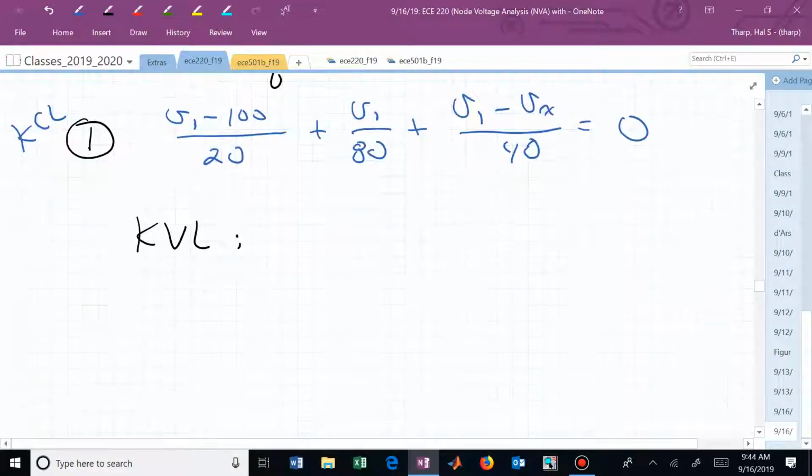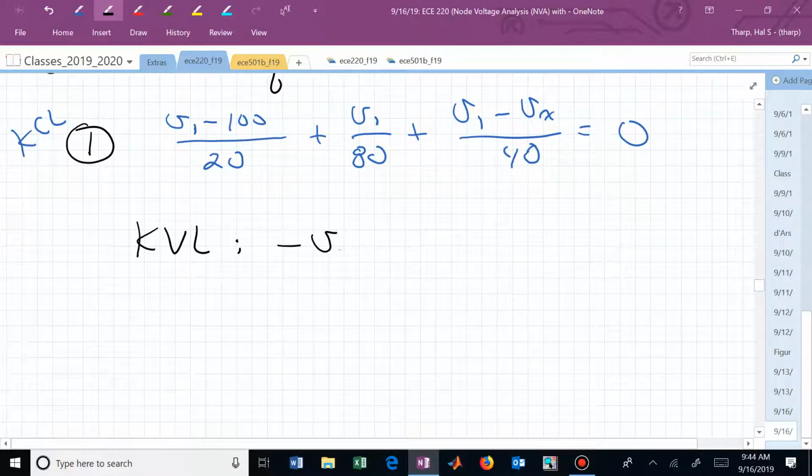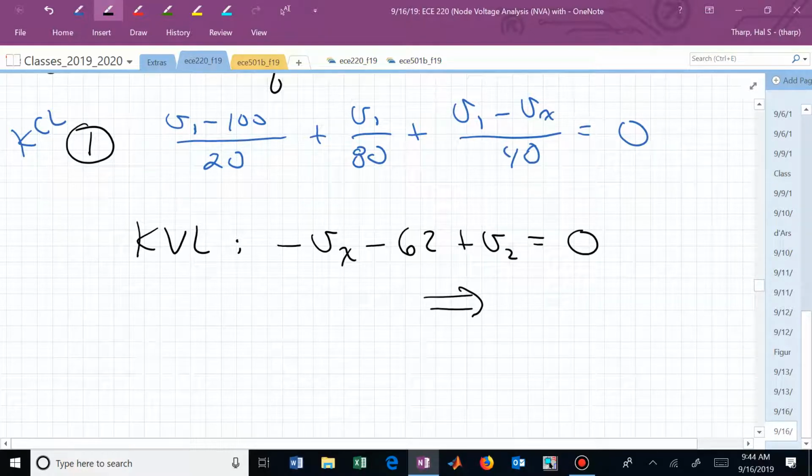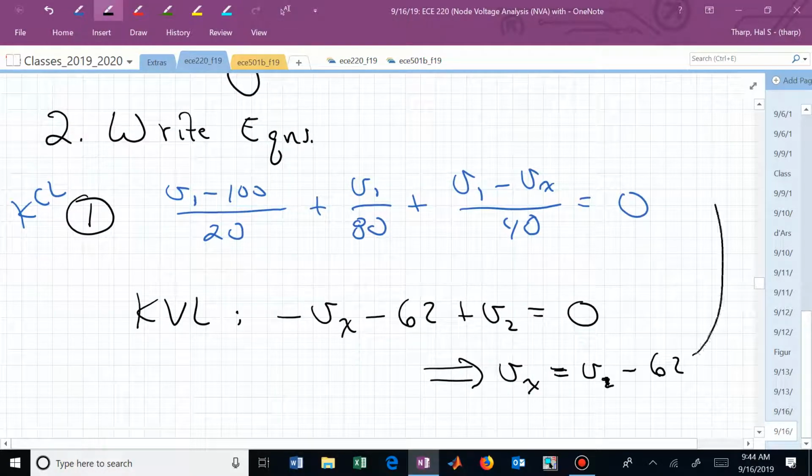So with a KVL I have minus V sub x minus 62 plus V sub 2 equal to 0, or V sub x is equal to V2 minus 62. And this can be used up there.